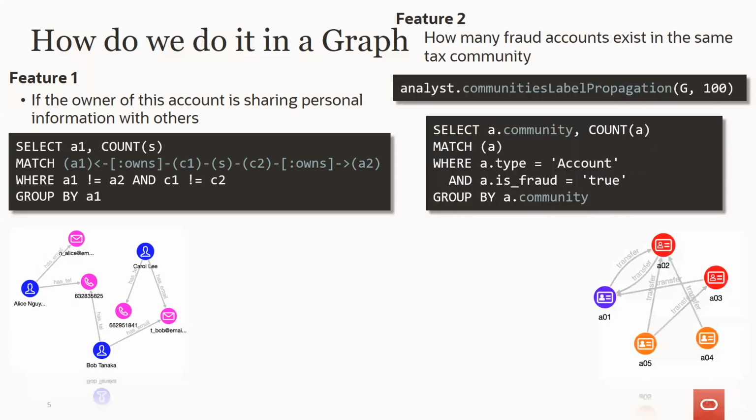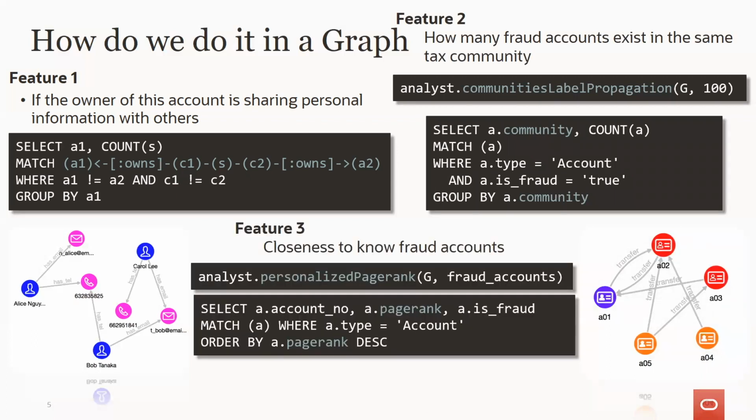So the first feature in Oracle Graph is to use the property graph query language, the second feature is to use the built-in functions, and the third feature is to use the built-in algorithms. There are many algorithms that we have, you can write centrality algorithms, you can write community detection algorithms.